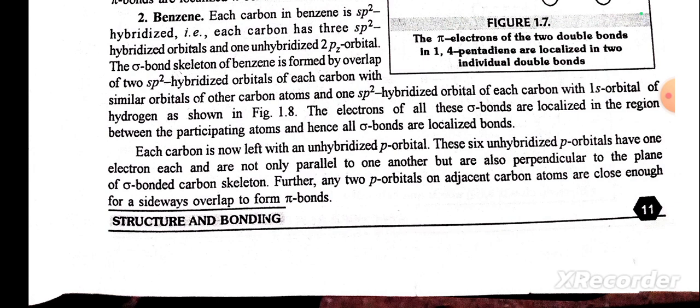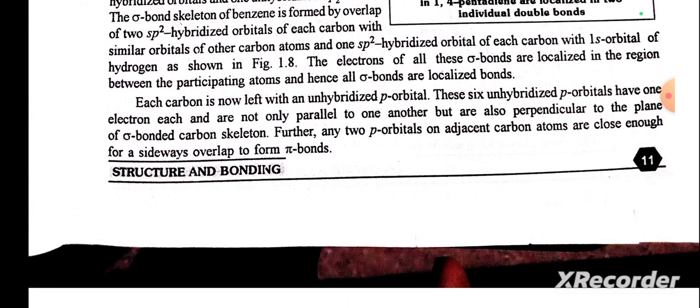The electrons of these sigma bonds are localized in a region between the participating atoms and hence are called localized bonds. Each carbon has one unhybridized p orbital. The six p orbitals have one electron each and are all parallel to one another, but perpendicular to the plane of the sigma bond and carbon skeleton.